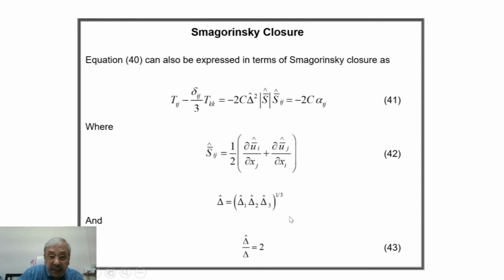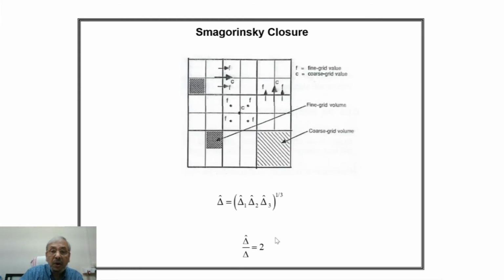Now it is done in such a way that delta test filter level by delta grid filter level equal to 2. That means in all the directions, x, y and z, it is basically double.